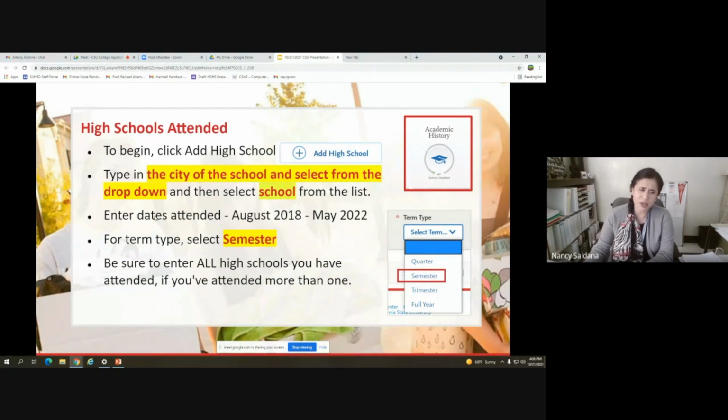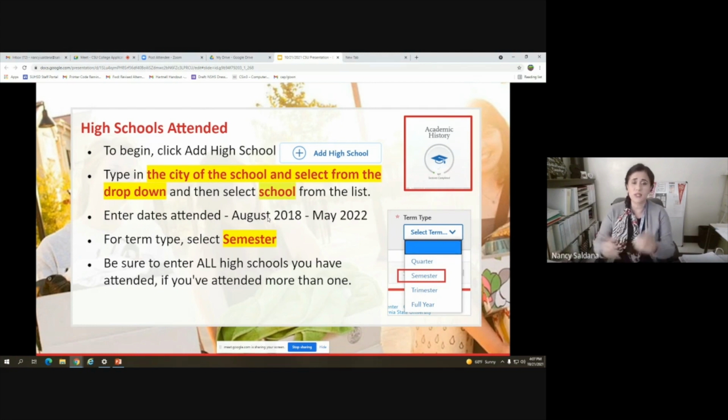It's going to ask you, when did you attend that particular high school? So you're going to take a look at your transcript, and your transcript is going to indicate the years that you were at a particular school.